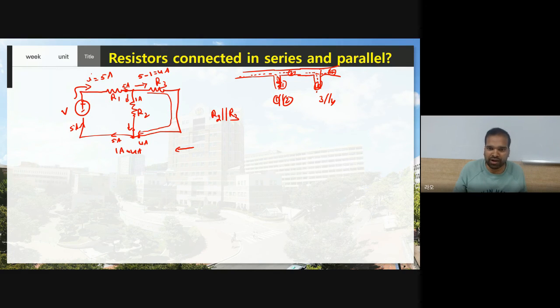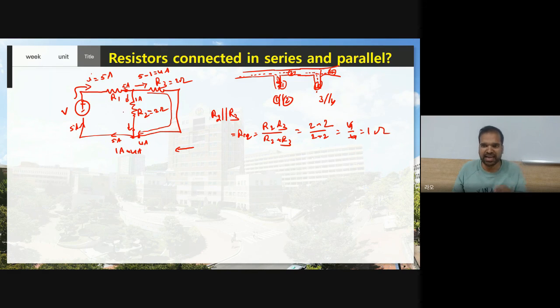You know the formula: R equivalent equals R2 into R3 by R2 plus R3. Let us consider R2 equal to 2 ohm and R3 also 2 ohm. So 2 into 2 by 2 plus 2, that is 4 by 4. So you will get 1 ohm. Instead of R2 and R3, can I write 1 ohm? That is R equivalent.